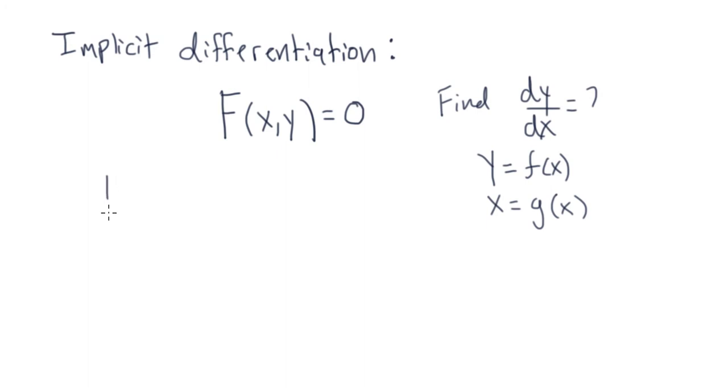It tells me that the partial derivative with respect to x of f(x, y) times dx/dx, so that's like partial f partial x times dx/dx. This is a little weird to write, but I'm saying x depends on itself, so it's just 1.